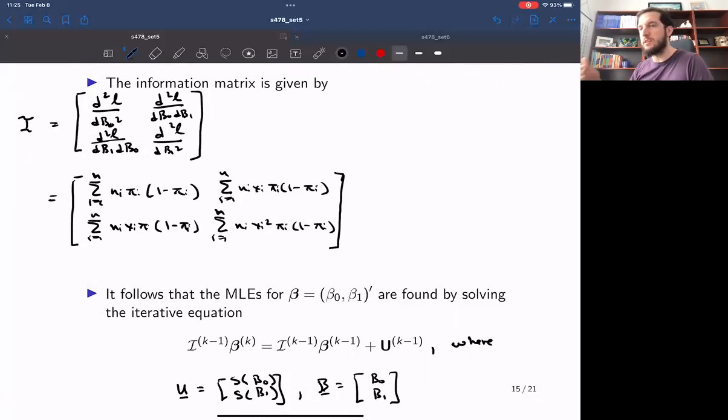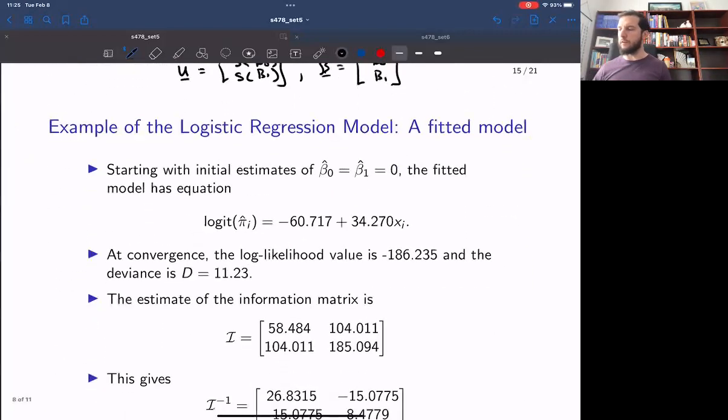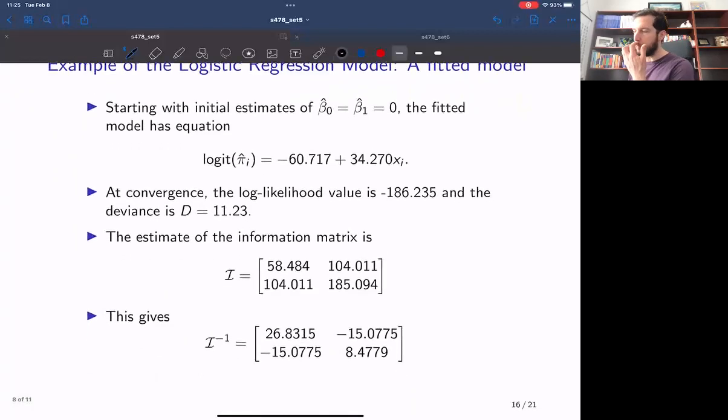We're going to set an initial value for beta 0, beta 1. We're going to evaluate the score functions and the information matrix at beta 0, beta 1. We'll get an update for beta 0, beta 1, and then we'll reevaluate the score and information at that update, and we'll just iterate until we reach convergence. Under that process, if we start from beta 0, beta 1 equal to 0, we arrive at the following model.